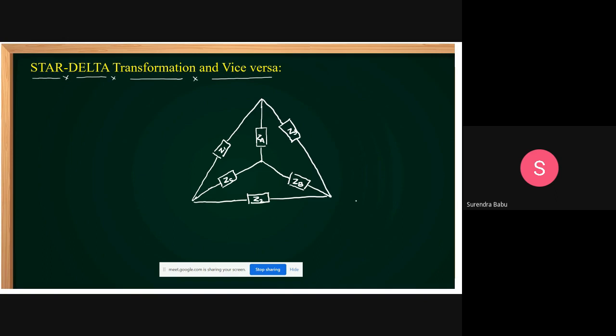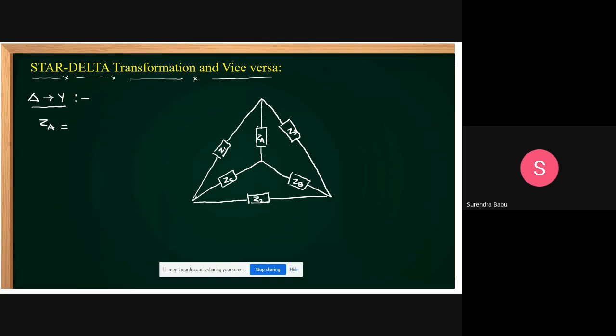Yes. Now first we concentrate on the transformation. You want to transform a delta to star. Delta is given, we are converting into star. Then you want to find what the impedances in star are. Directly you can easily find like this. What is the ZS, friends?